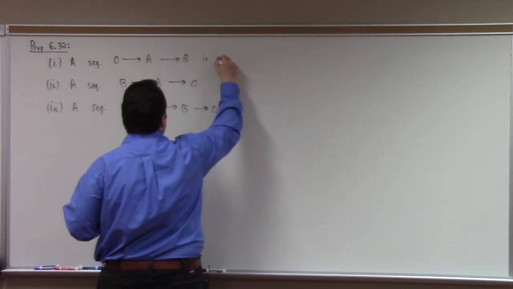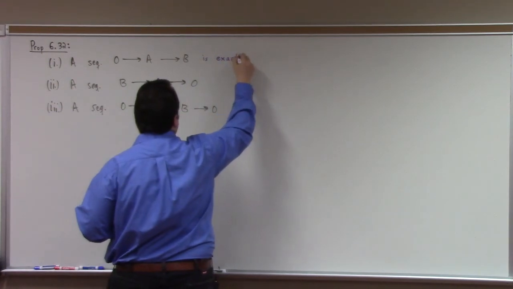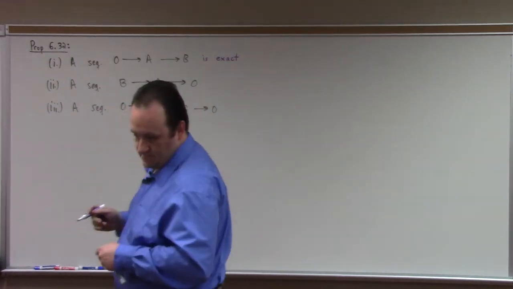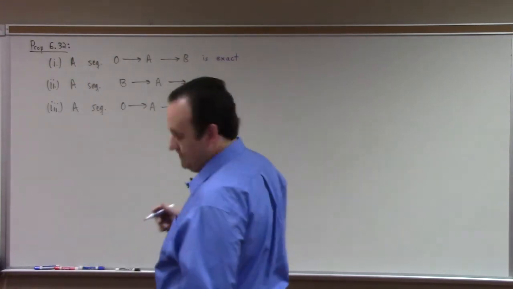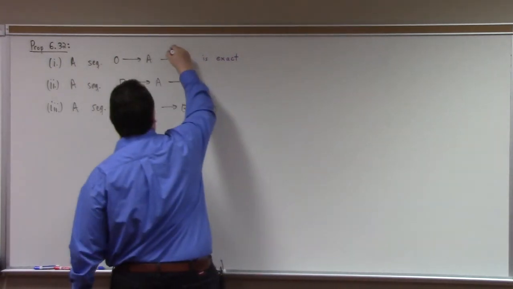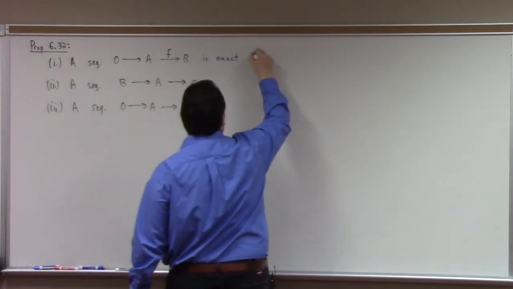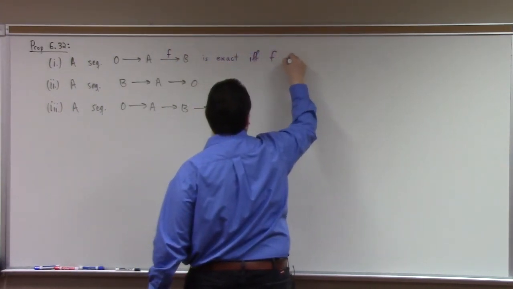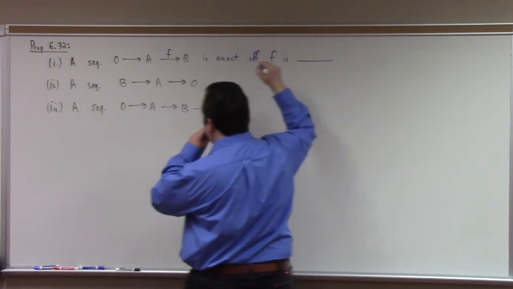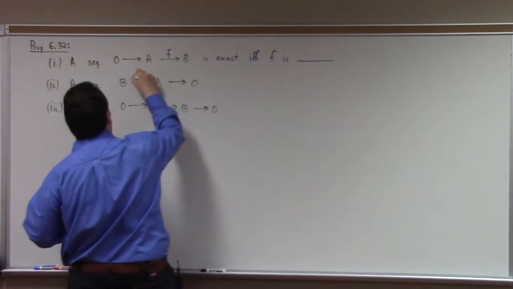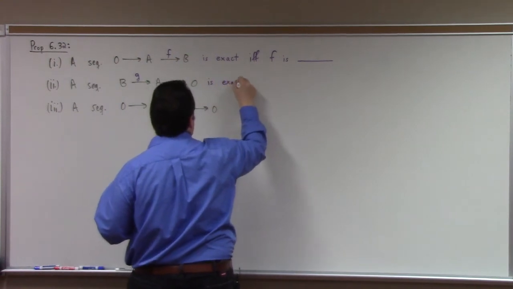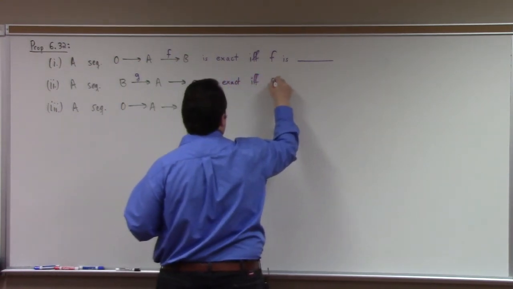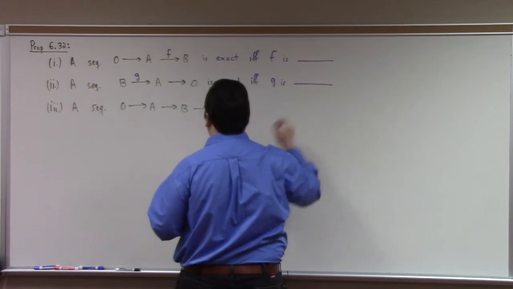Is exact if and only if F is fill in the blank. And here, I'll put the G between going from B to A, is exact if and only if G is fill in the blank.